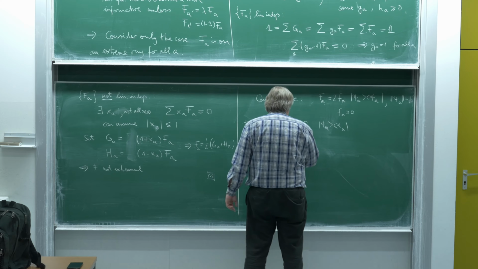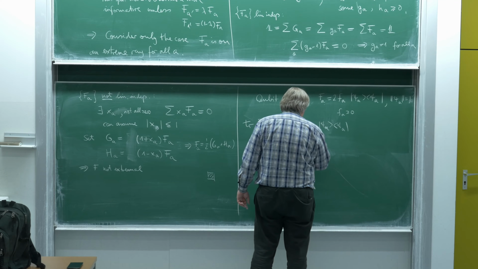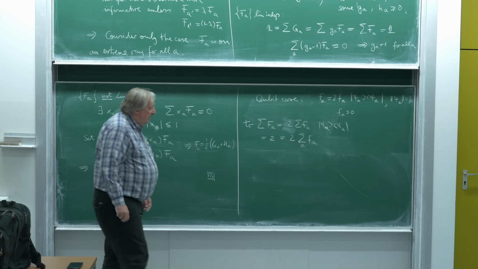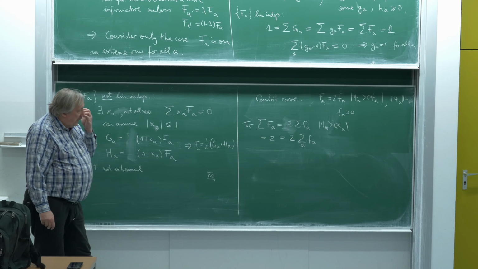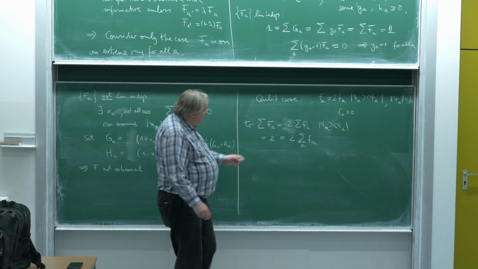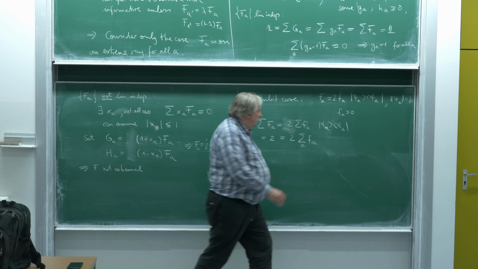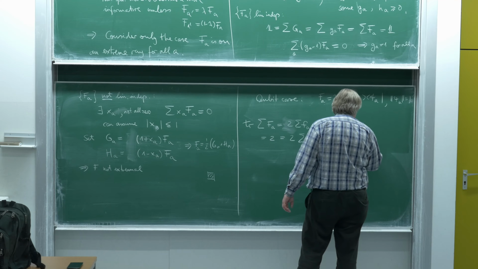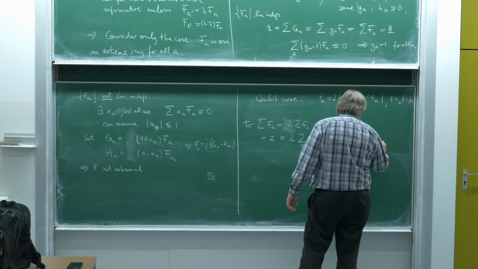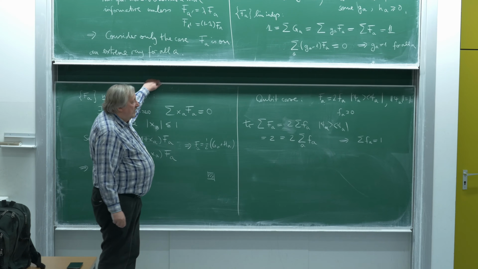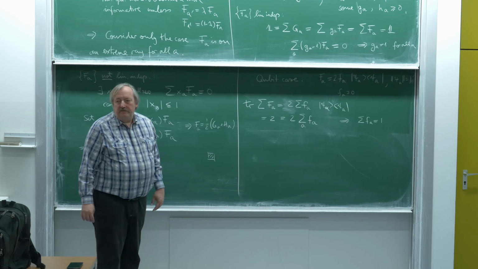And this is supposed to be twice the sum of the FA. So this means that the FA have to be positive and add up to 1. Right? So the Bloch sphere picture for that is the following.